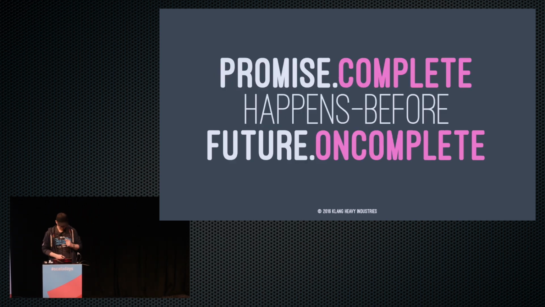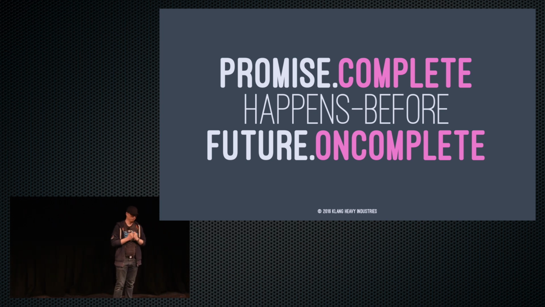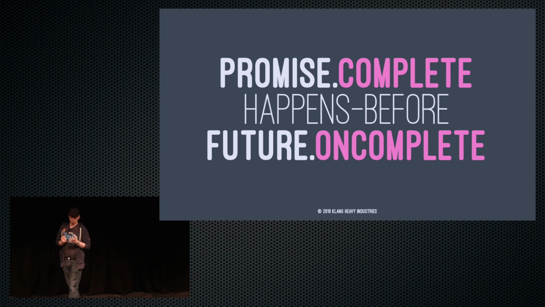All right. So since we have this concurrent future, what do we need when we do concurrent programming? We need relationships, right? How do we know how things happen? So this is an important guarantee.